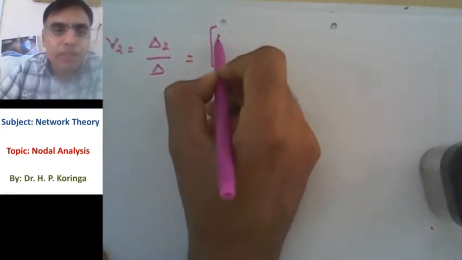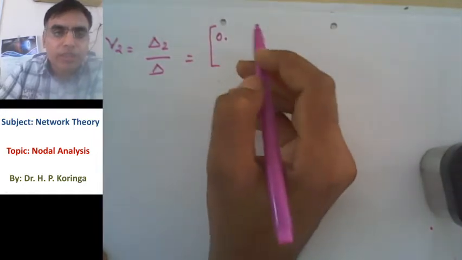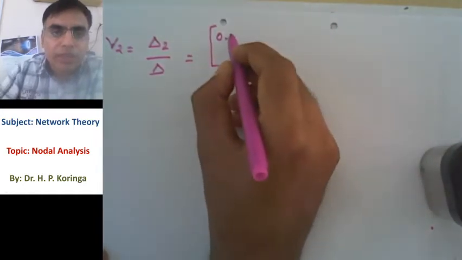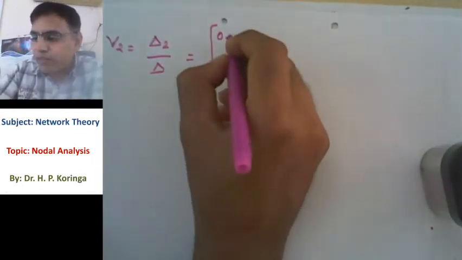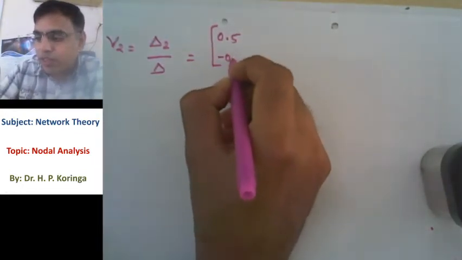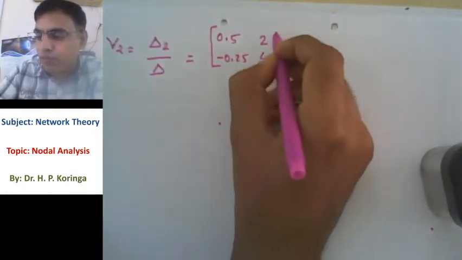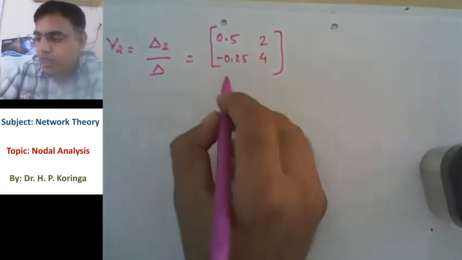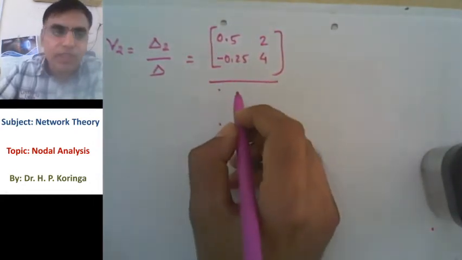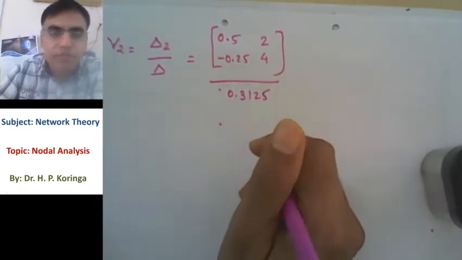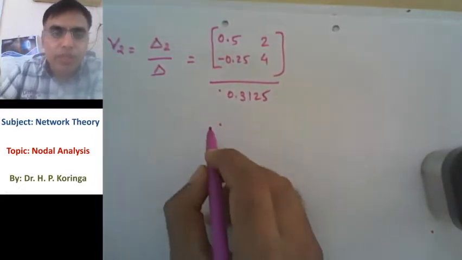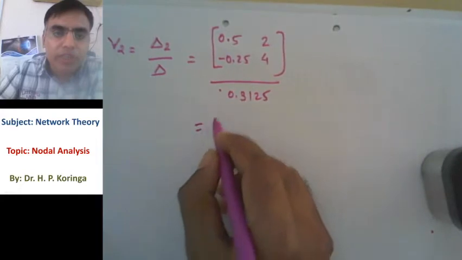Here, the first column, 0.5, stays as it is, and the second column we replace with the constants 2 and 4. And in the denominator is delta, which we already calculated as 0.3125, so there is no need to recalculate delta.